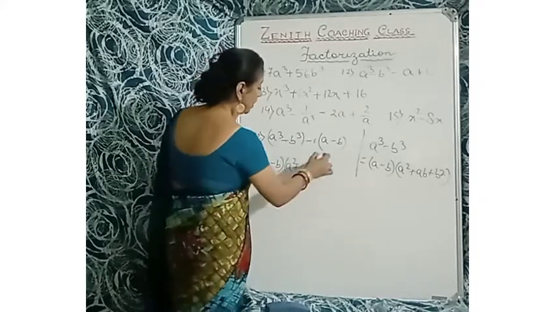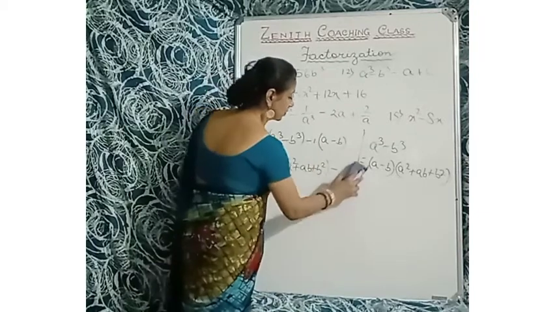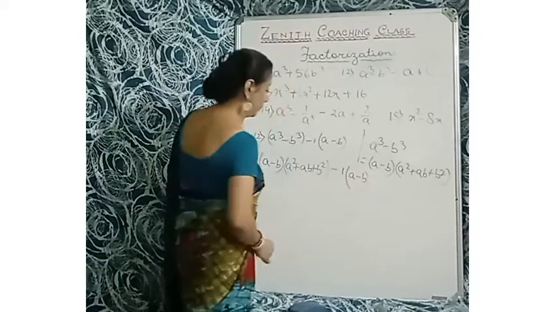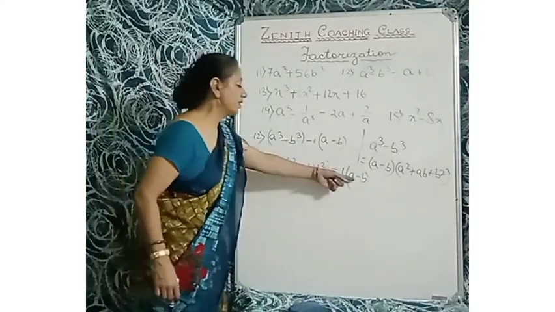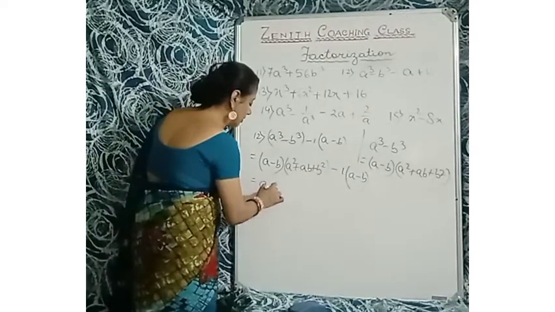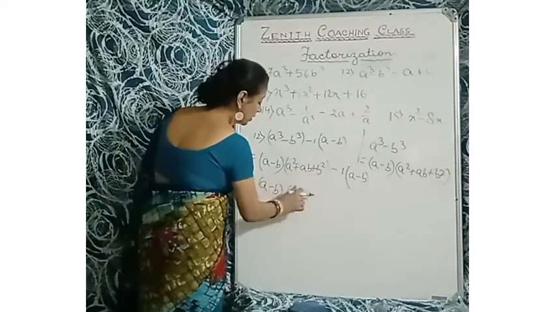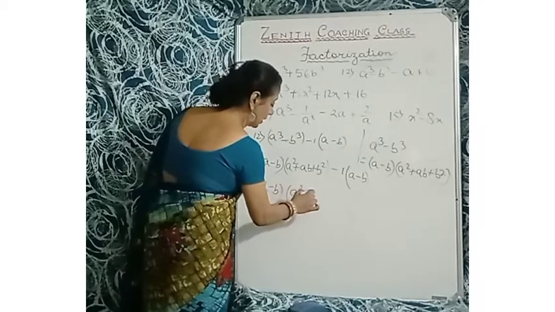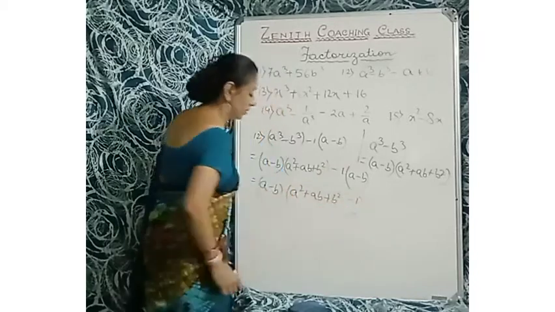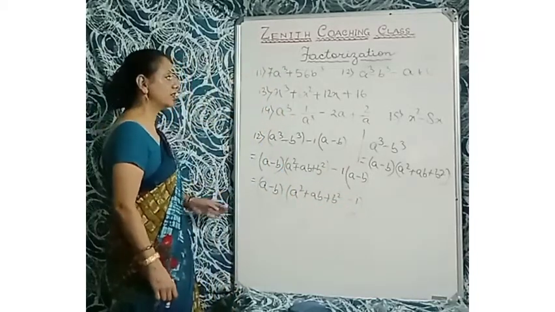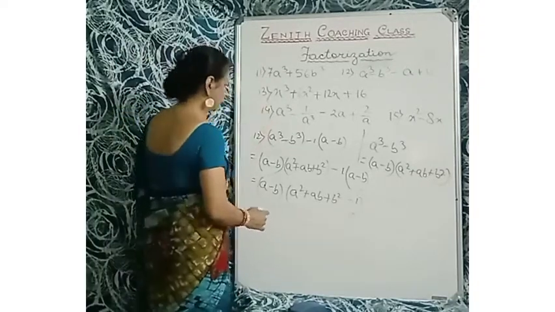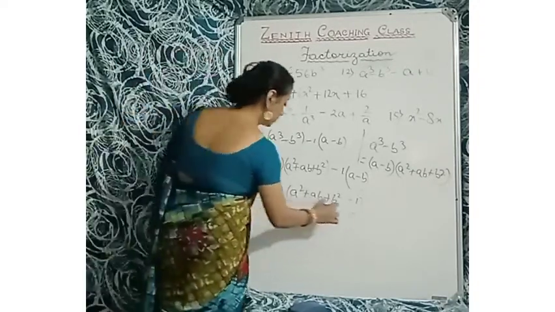Okay, minus 1 times a minus b. So here is a minus b and there is also a minus b. So a minus b is common. So you put it here: a square plus ab plus b square and minus 1. Understood? This is the factorization of cubes. Okay. Next, number 13. So here is number 13.